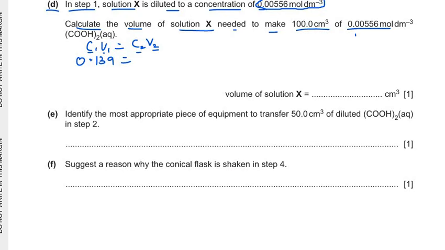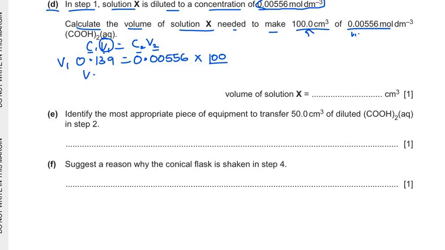So the concentration and volume we are supposed to use is 0.00556 concentration, and its volume is 100 centimeter cube. Now if we use 100 centimeter cube directly without changing into dm cube, then obviously the V1 calculated will also be in centimeter cube, which we want.